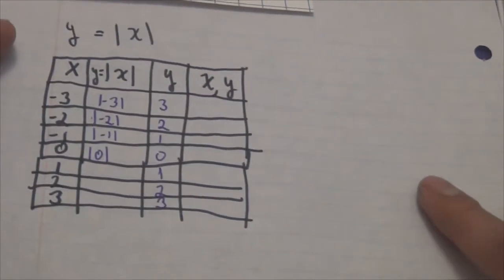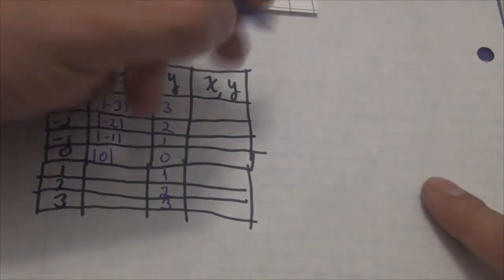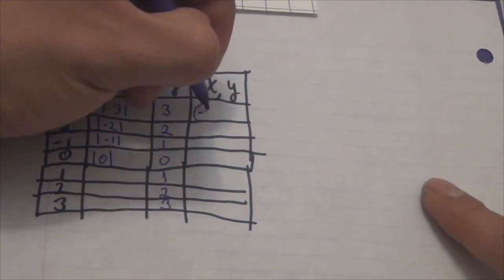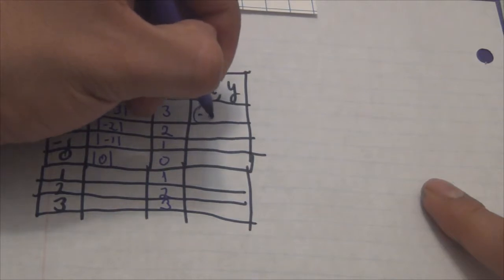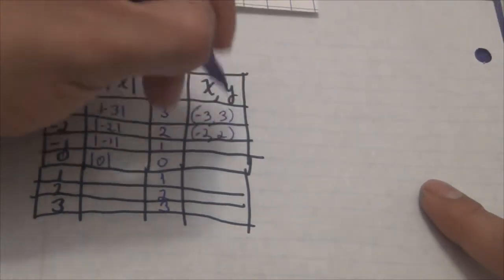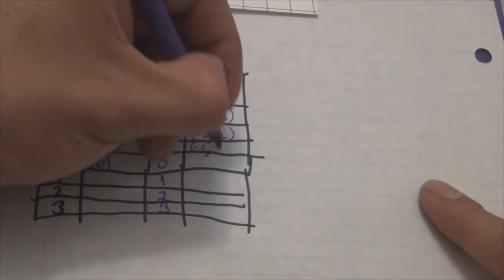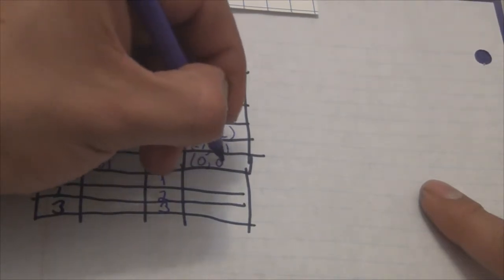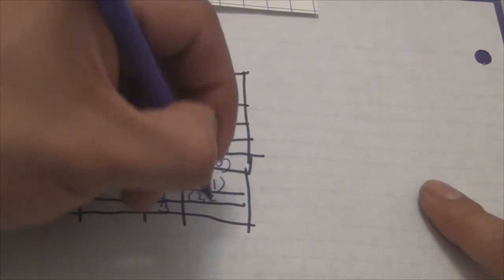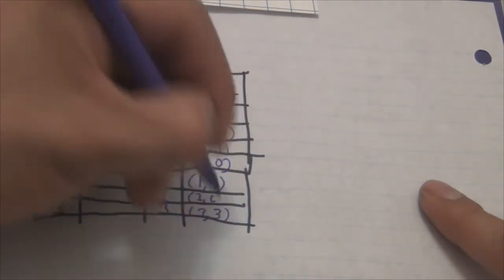So now my ordered pairs are going to look the following way. Listen, once you know how to graph points, you know how to graph everything. -3, 3; -2, 2; -1, 1; 0, 0; 1, 1; 2, 2; and 3, 3.